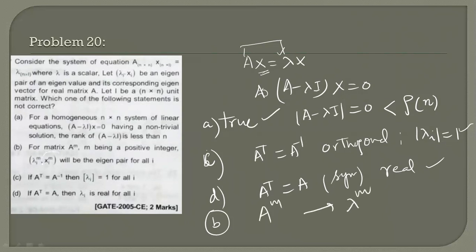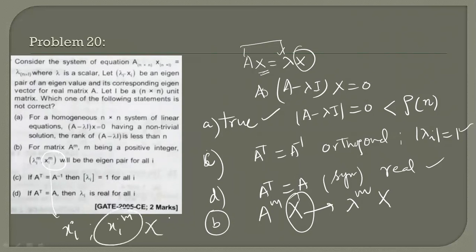But here it is also providing the power to the eigenvector, which is not true, because the eigenvector does not change in any power of matrix A. If A has eigenvector x, then A to the power m also has eigenvector x, but it is changed in the question. The eigenvector is also taking power m. This is not correct. The eigenvector will be xi only, not xi to the power m.